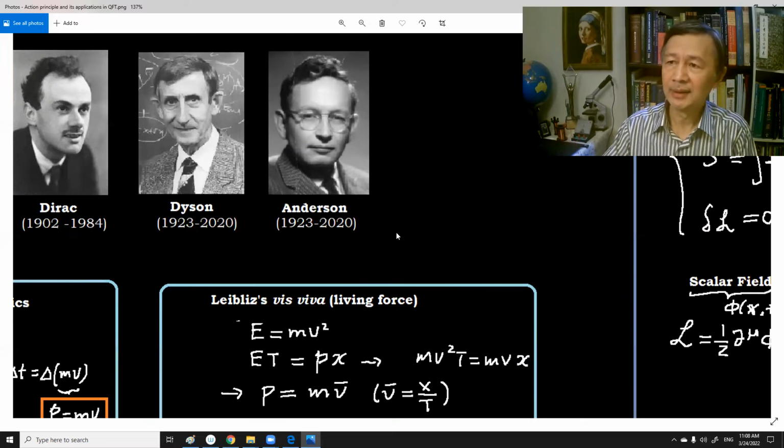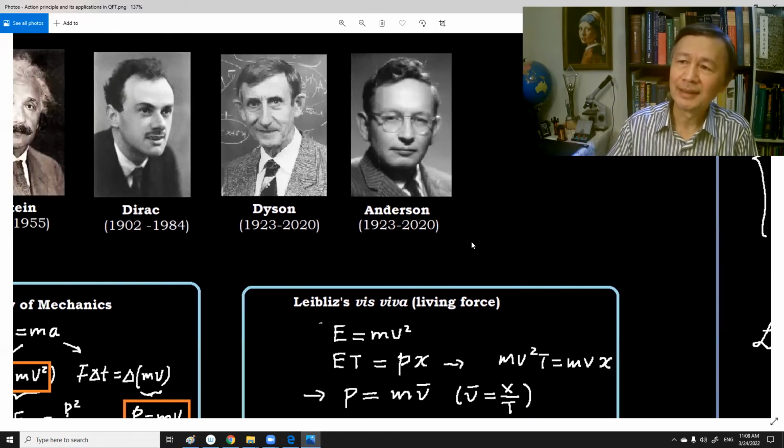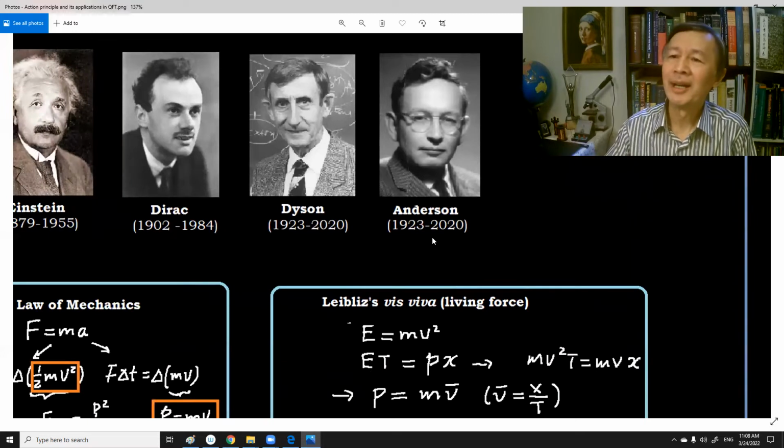And he created a field in modern physics called condensed matter physics. I happen to be a researcher in that field. And of course, I will explain why I didn't put the portrait of Richard Feynman and other persons in this list. I will tell you gradually.